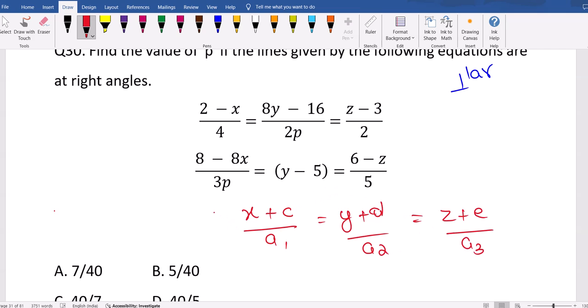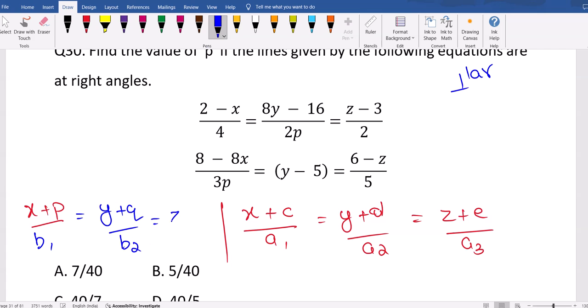That's one equation. The other equation is x plus p divided by b1, as we mentioned a1, a2, a3 there, I'll use b1 here. The other expression is y plus q divided by b2, and the other one z plus r divided by b3, for perpendicular lines.